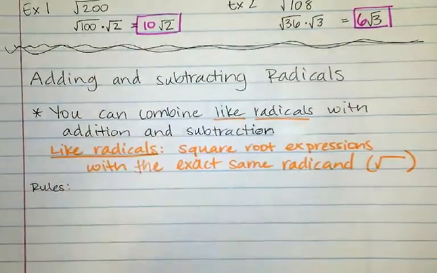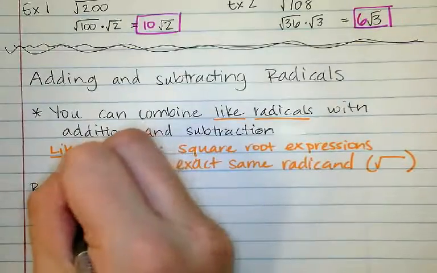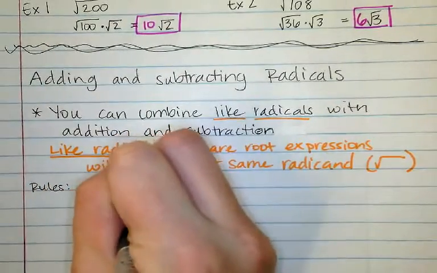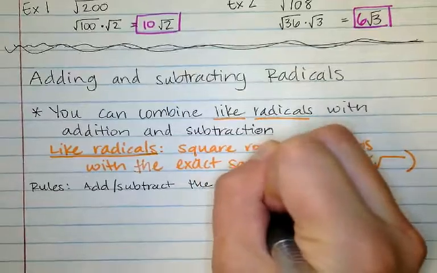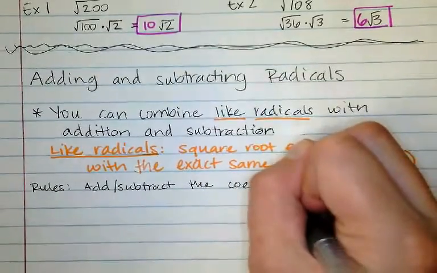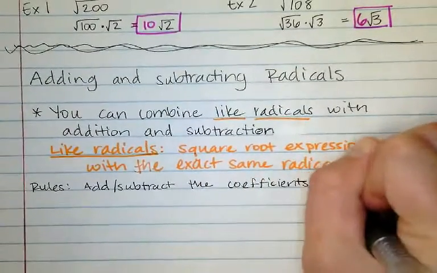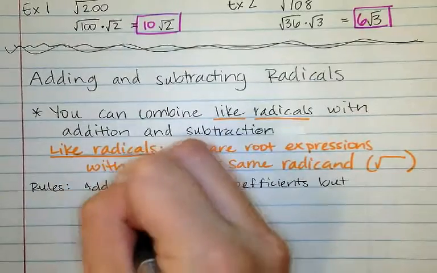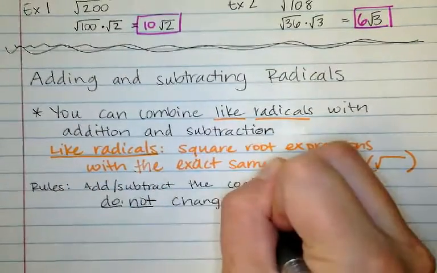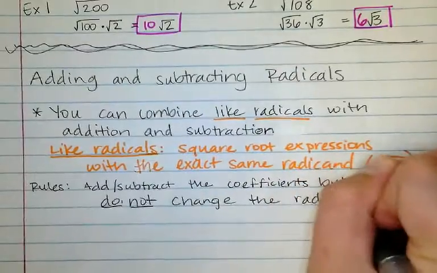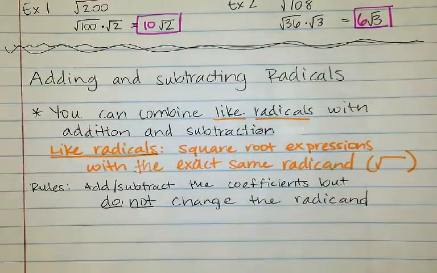So our rules is that you can add or subtract the coefficients, but do not change the radicand. You don't change what's under the radical. So you can add or subtract those coefficients, but you can't actually change the radical.